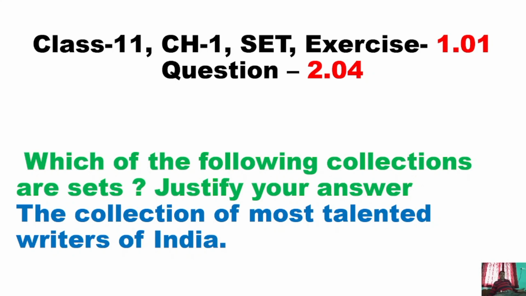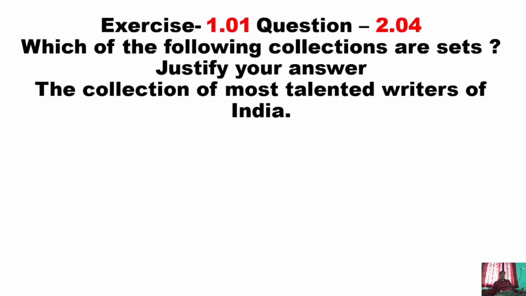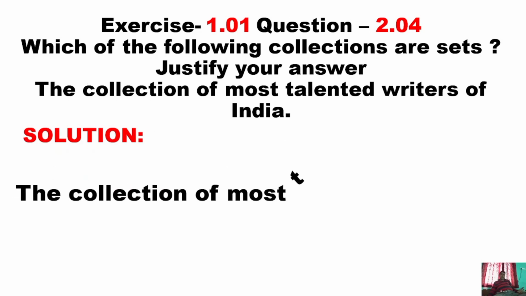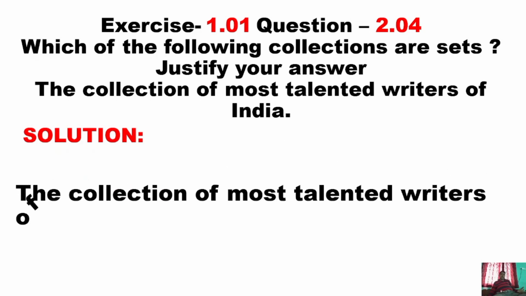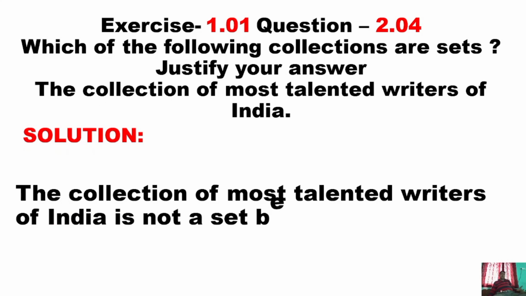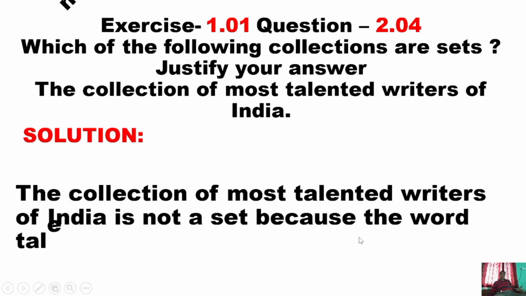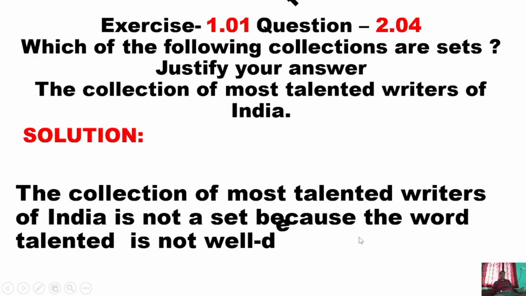A writer may be talented for one person, but may not be talented for another person. So the collection of most talented writers of India is not a set, because the collection of talented writers is not well defined.